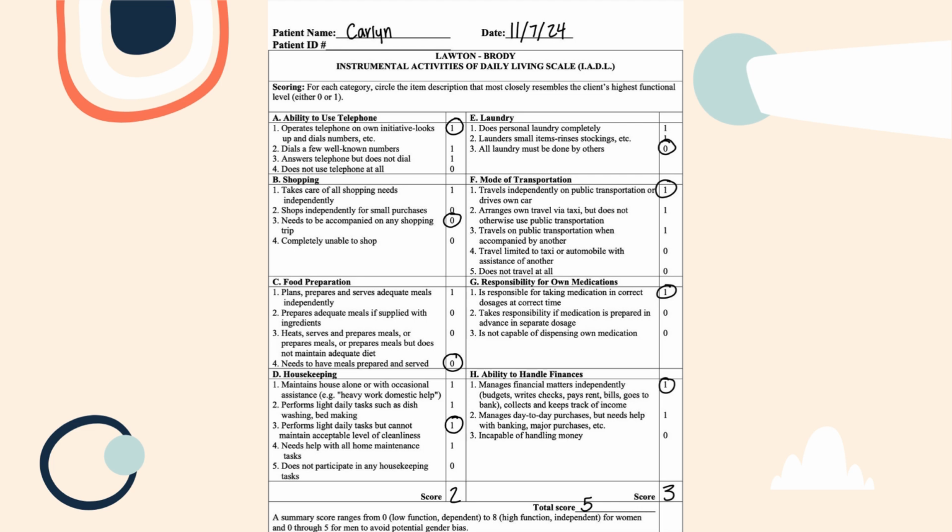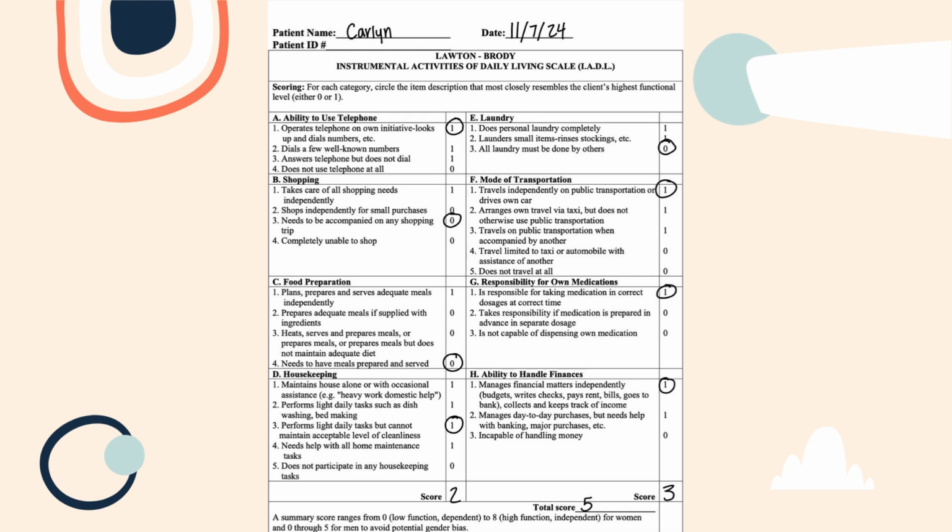So here is the filled out form for Carlin based on her ICE video. And when I scored this, I went from a point of view of her after just discharge in her home on the first floor. Based on her being oriented times 4 and not having any issues with her upper body functioning, I gave her a 1 for using a telephone.